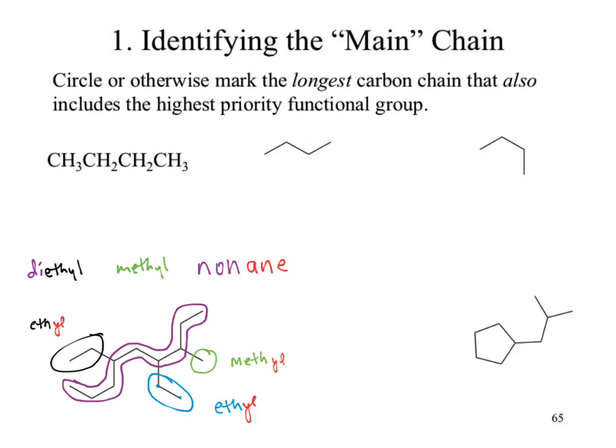There's two ways I could number this, left to right or right to left. Which one should I try first? Right to left. Why? Because everybody reads left to right, which means if we're going to build a question with nomenclature, we're going to put two answers in there. One numbering left to right, one numbering right to left.